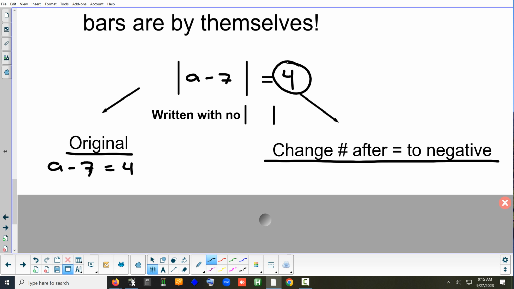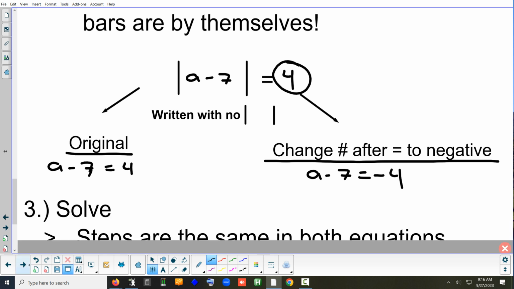Anyone think they could tell me what that second equation is going to be? So still get rid of the bars, but make the number on the other side a negative. Yeah, a minus 7 equals negative 4. Yep. And those are the 2 equations that we have to solve.